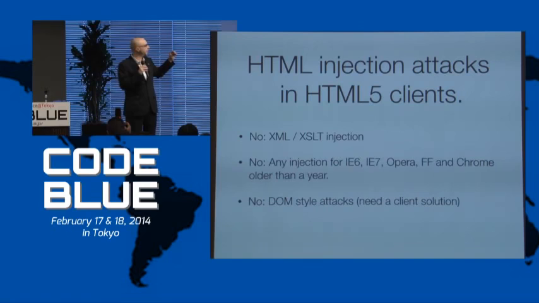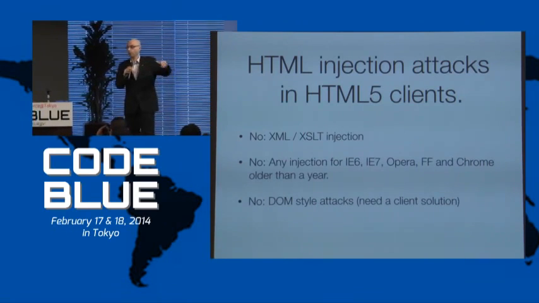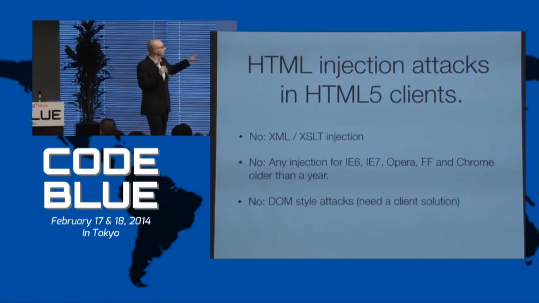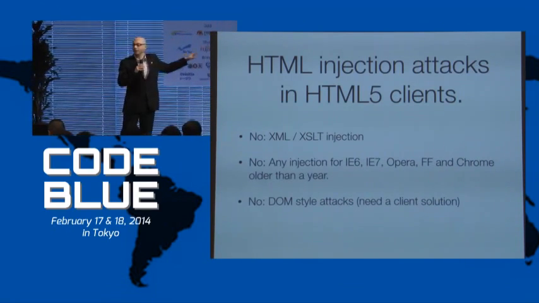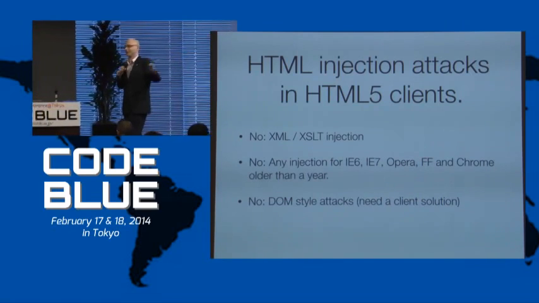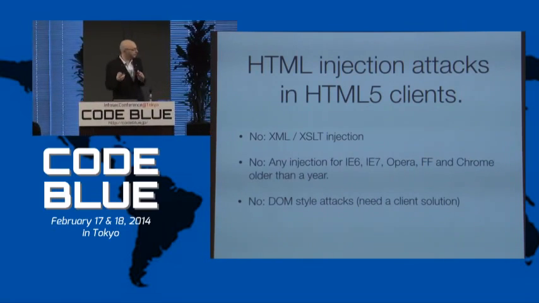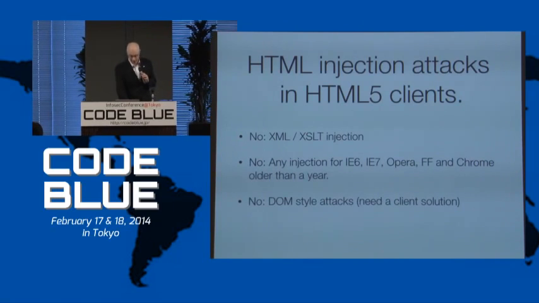I do not care about XML, XSLT injection. Different problem, important, but different problem. I don't care about IE6. And DOM-style attacks are just different. There's a lot of good innovation in protecting the client. Chrome and IE both have interesting systems, but not today.